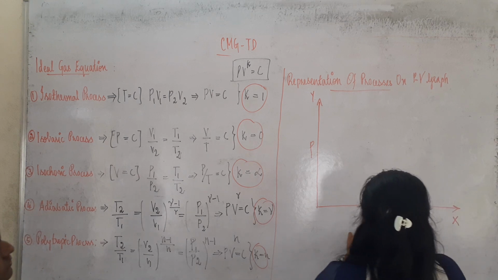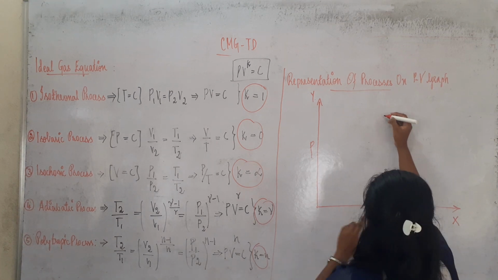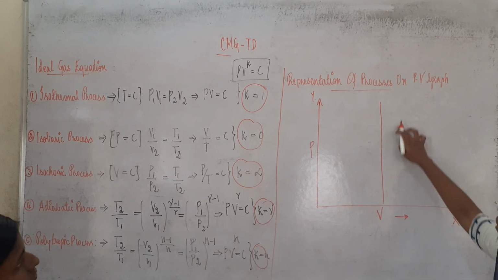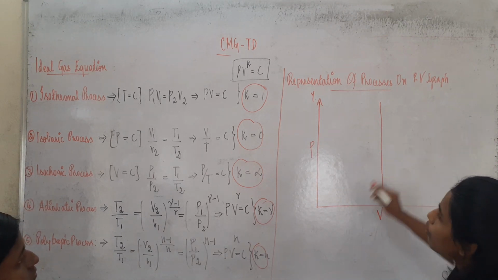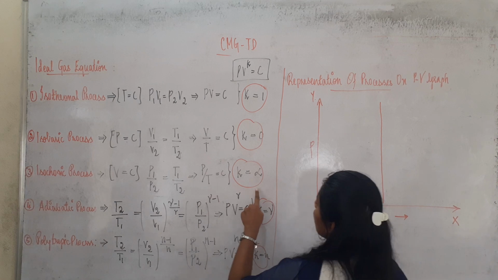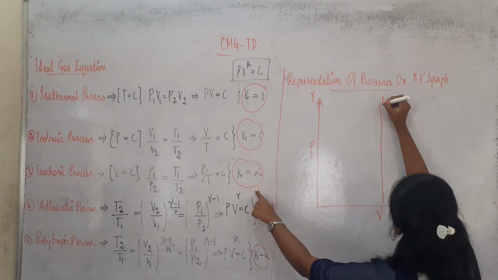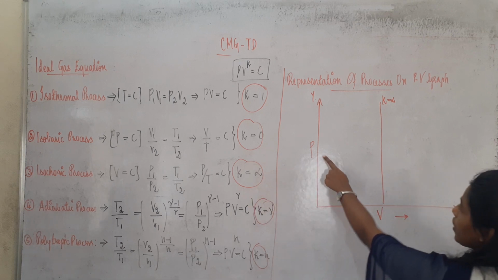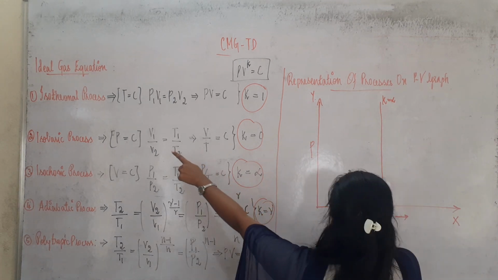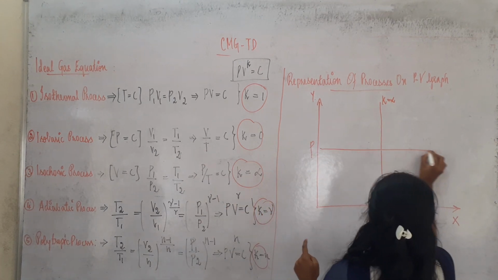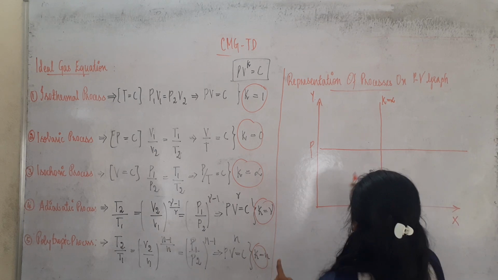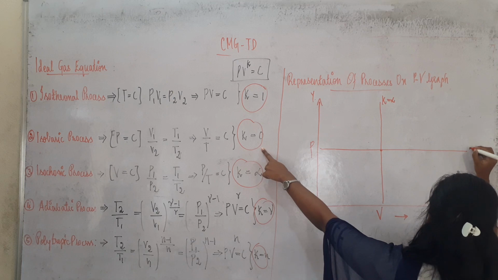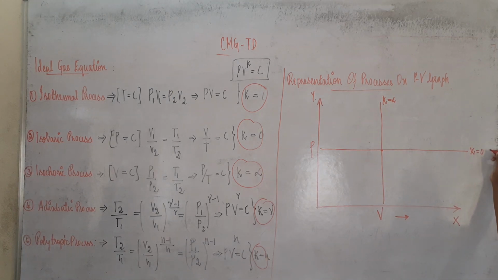For constant volume process, that is isochoric process, we draw a straight vertical line, and K is infinity. And the second one, constant pressure process, is isobaric, so we draw a horizontal straight line. For isobaric process, K is 0.